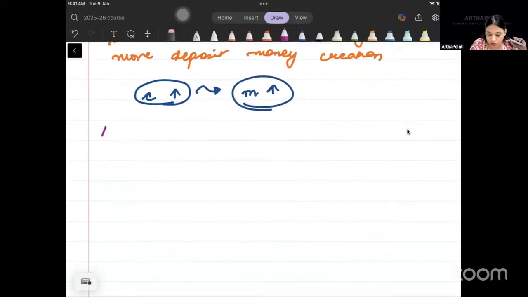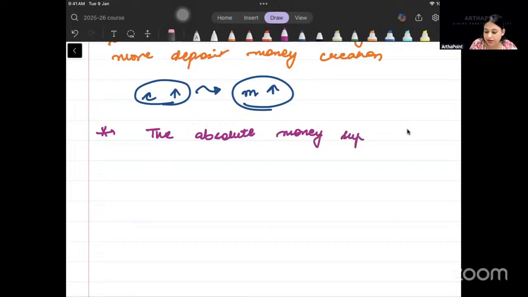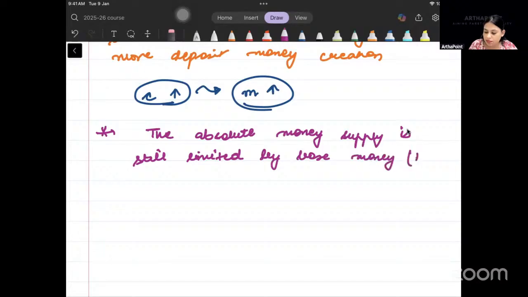Write down. Note. The absolute money supply is still limited by base money and reserve requirement.